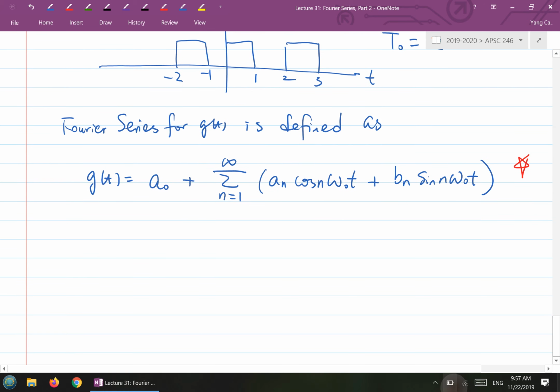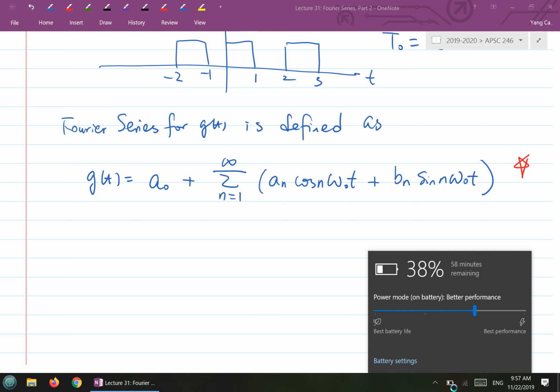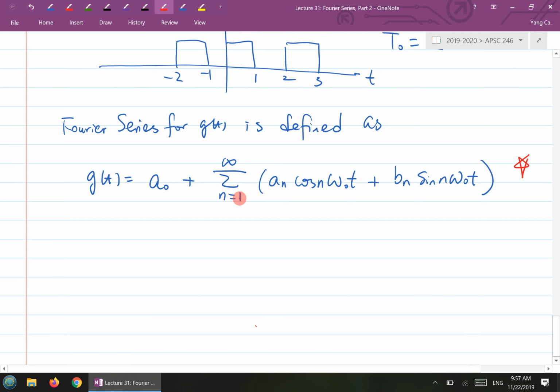So what you have here is a constant term a naught, and then a summation from n equals 1 up to infinity. Inside the bracket, you have coefficients a n and b n, each times a cosine term and a sine term. The frequency of the cosine and sine terms depends on the value of n.